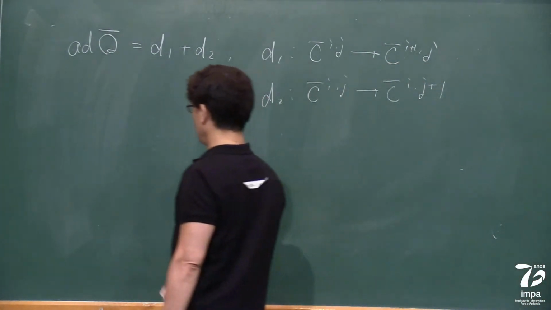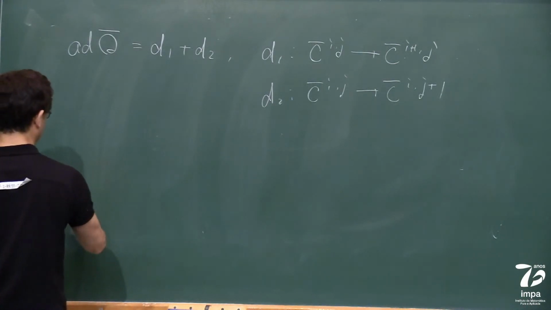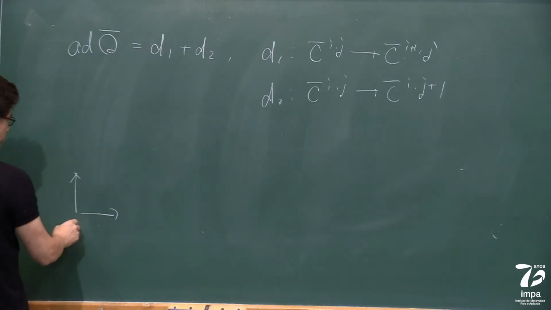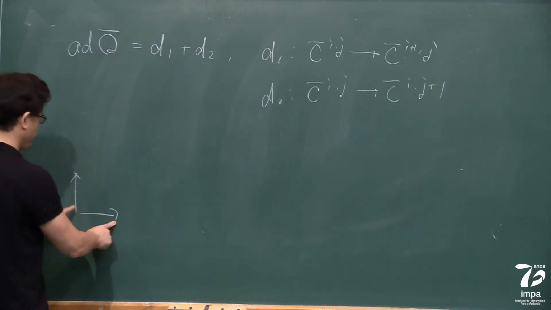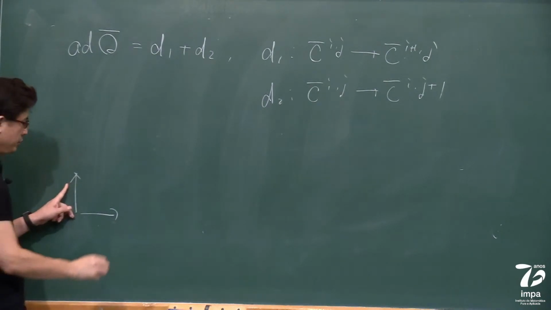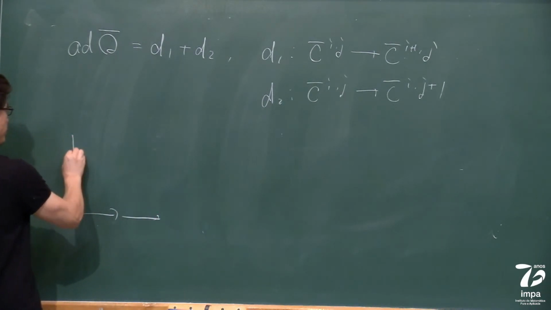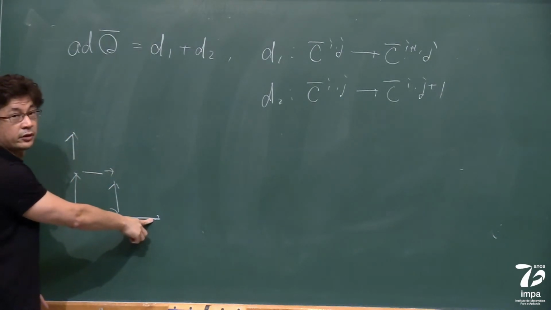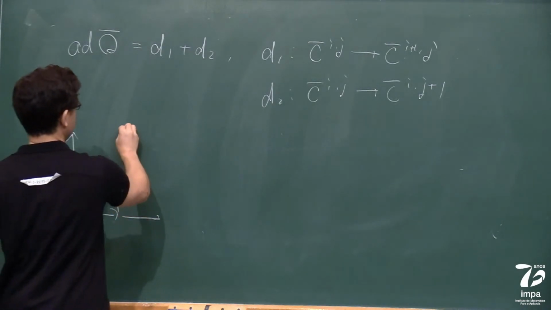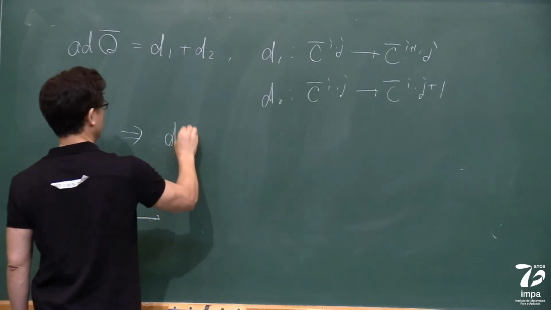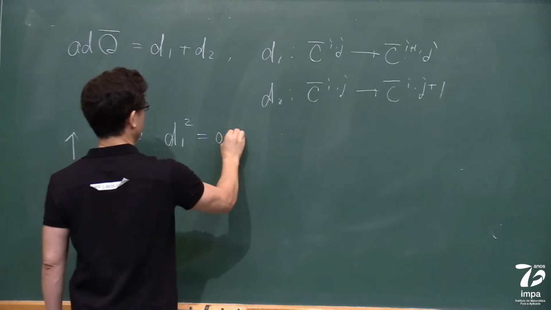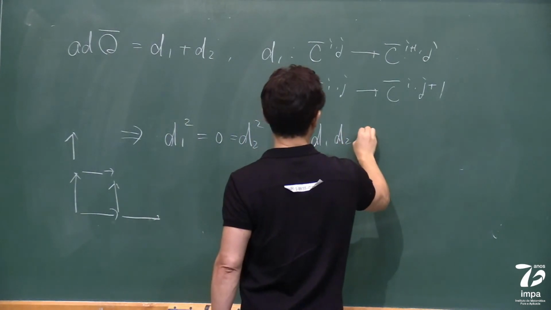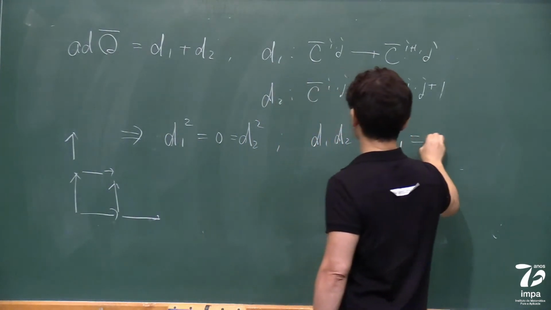So Q has two components, i and j, and one goes this way and one goes this way. And the condition that its square equals 0 means that all of these elements are 0. So this means that d1 square equals 0 equals d2 square, and d1 d2 plus d2 d1 equals 0.